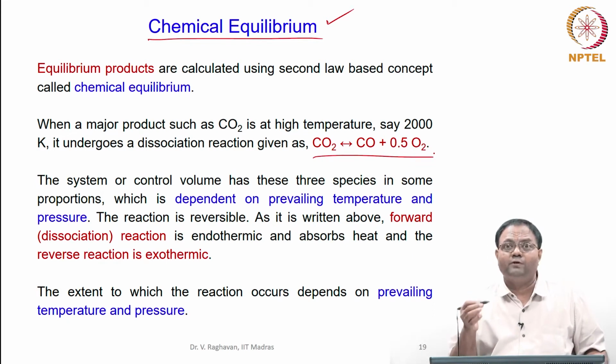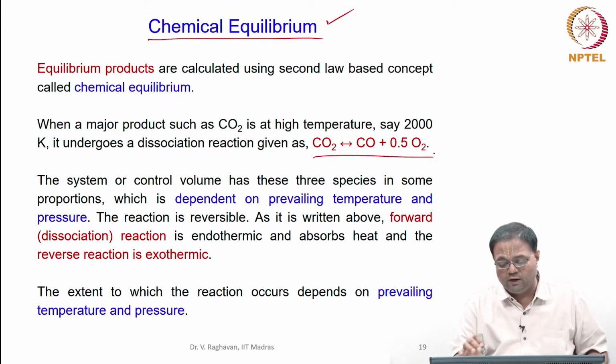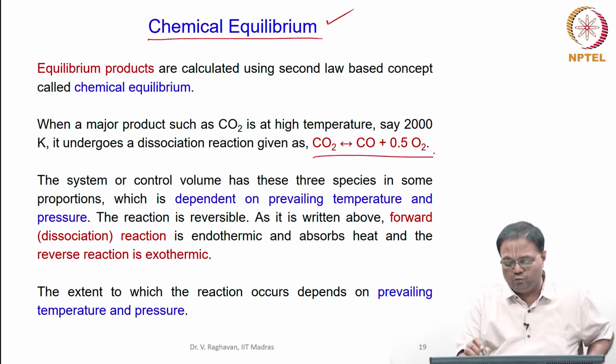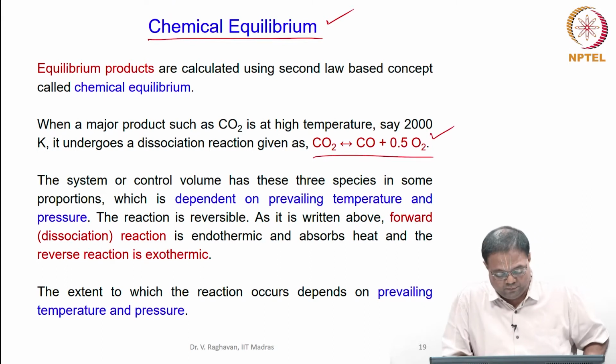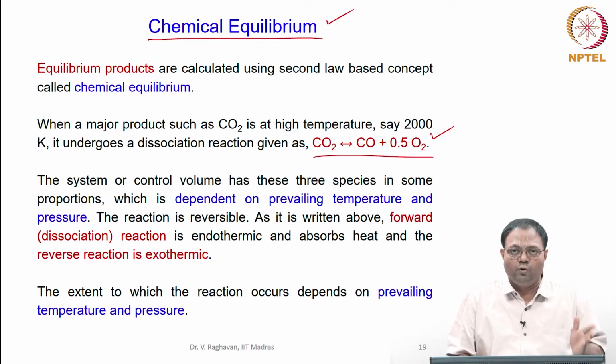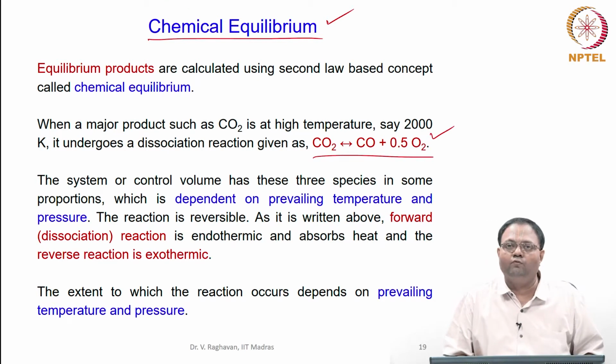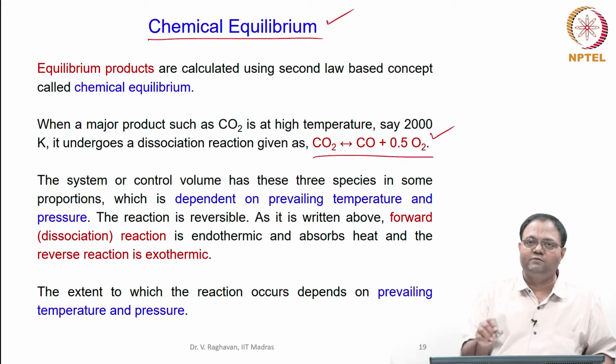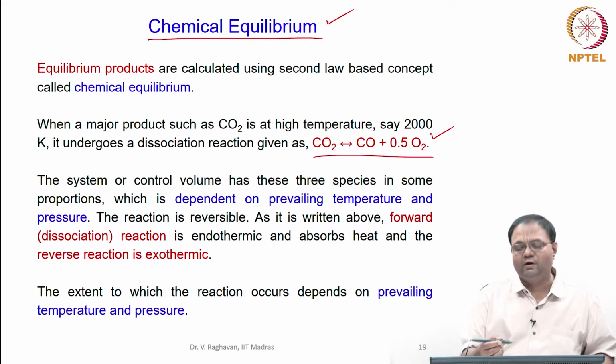When temperatures are of the order of 2000 Kelvin, you can see the dissociation of CO2 occurring. At lower temperatures it may not occur. So this equation is a reversible equation. CO plus half O2 can form CO2. CO2 can dissociate to form CO plus half O2, and based upon the temperature, either the forward reaction, which is dissociation, can occur or the backward reaction can occur.